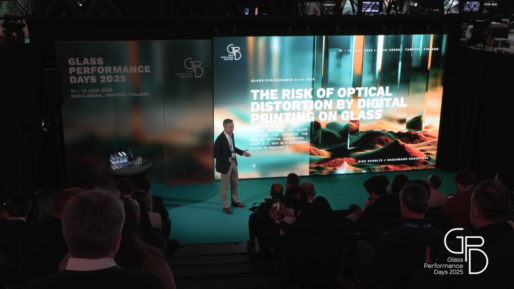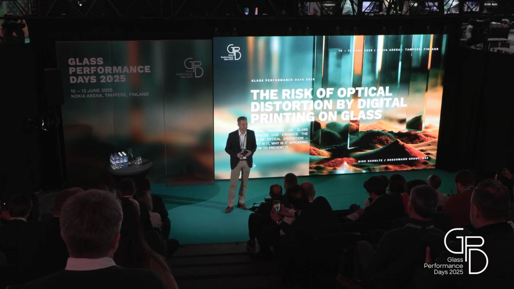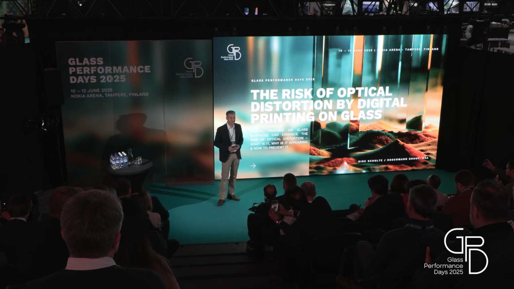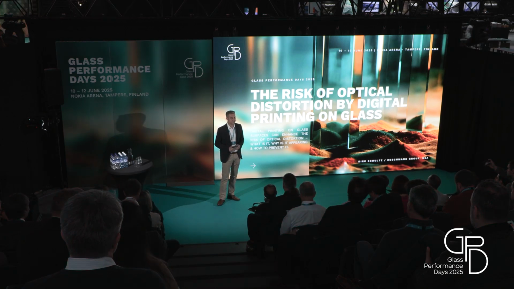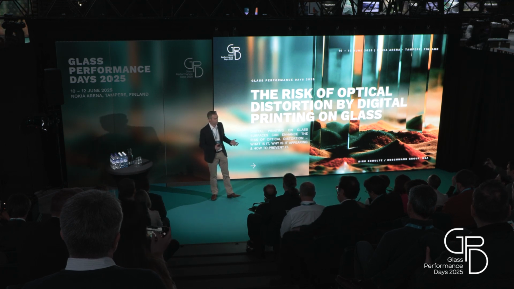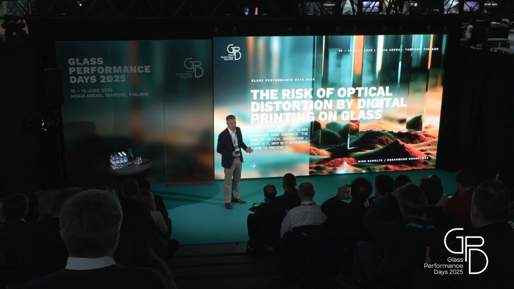And when it comes to quality in regards to glass, we typically identify and define quality with optical qualities and optical appearances of glass and glazing in corresponding curtain walls, skylights, and interior glazing as well. So I want to talk about the risk of optical distortion introduced by digital printing on glass.